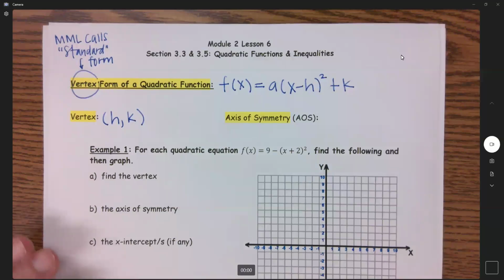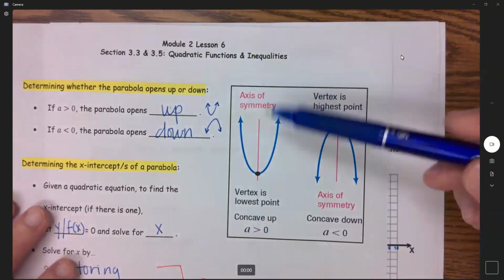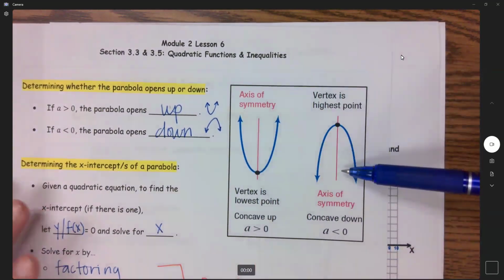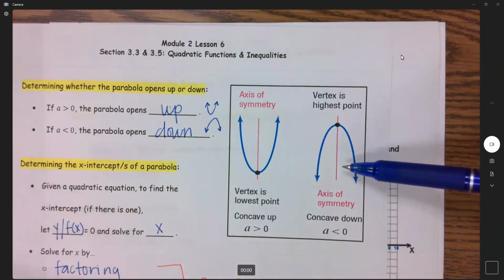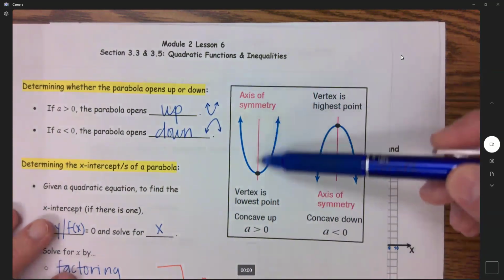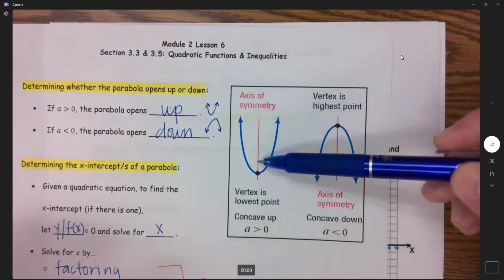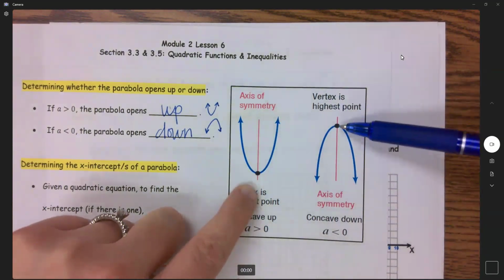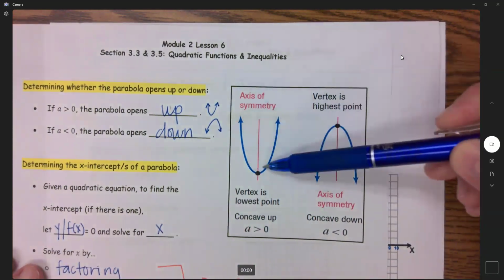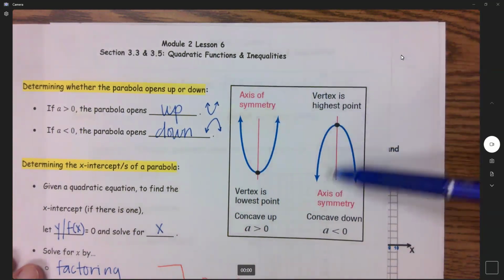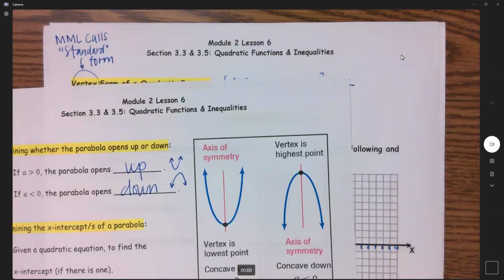And then we have an axis of symmetry, which I really didn't talk about very much in the last lesson. Your axis of symmetry here behaves a lot like when we had y-axis symmetry. Wherever that line of symmetry is, it goes through that vertex, and then the left side is going to mirror the right side of that axis of symmetry.